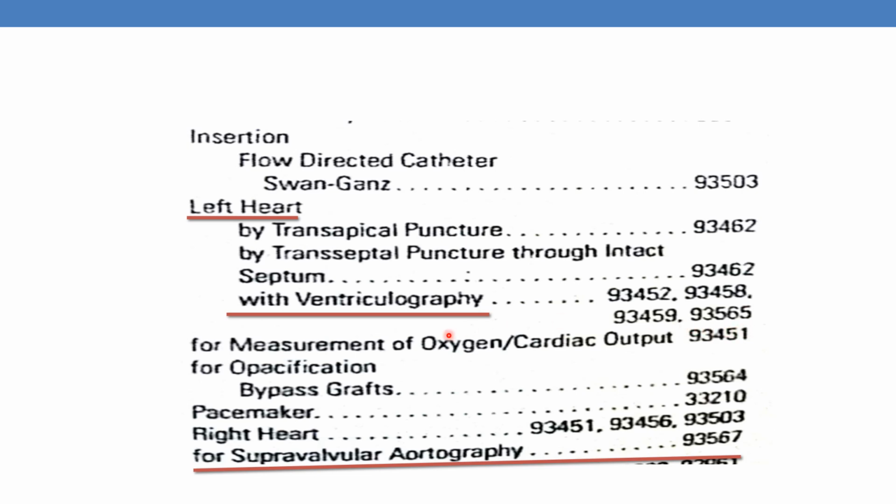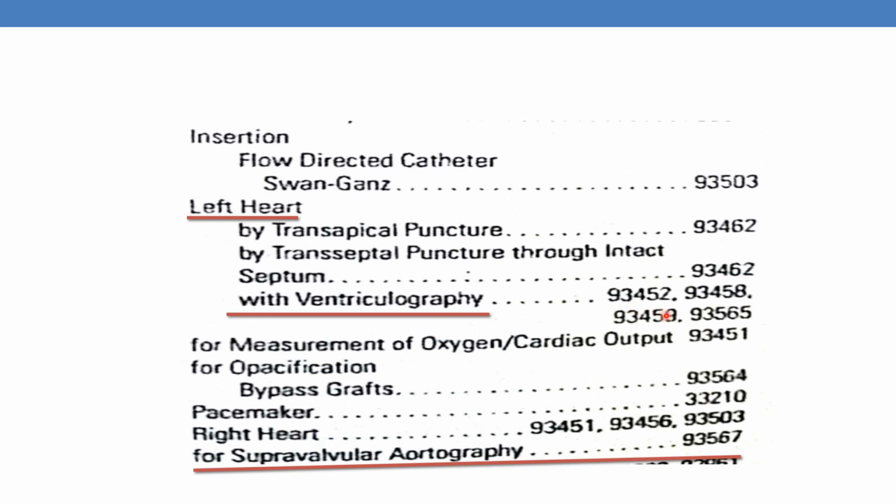And below that you can find supravalvular aortography. Here in our question, both ventriculography and supravalvular aortography are performed, so you need to report two CPTs. One CPT for supravalvular aortography and one CPT for ventriculography.